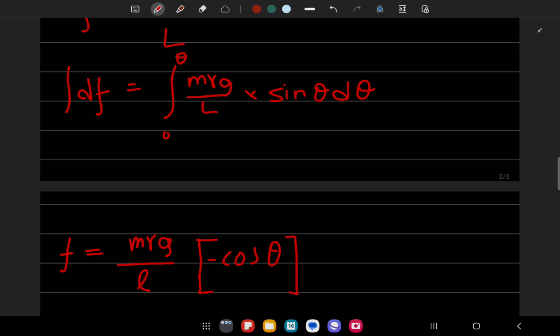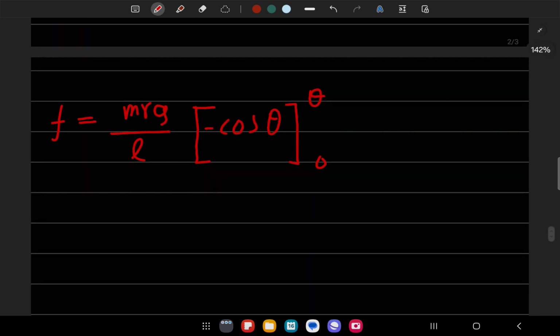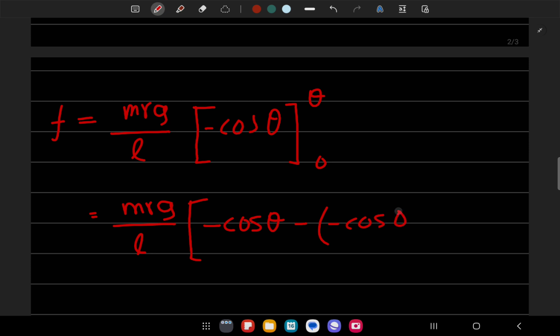Being a definite integral, we do not add the constant and put the limits, theta on the upper limit and 0 on the lower limit: upper limit minus lower limit, so minus cos theta minus of minus cos 0.